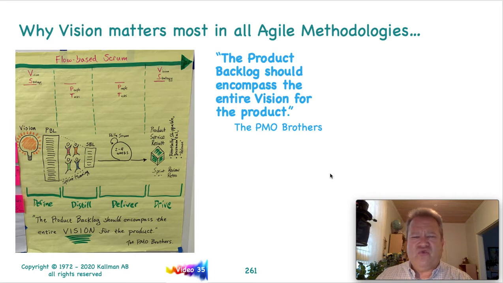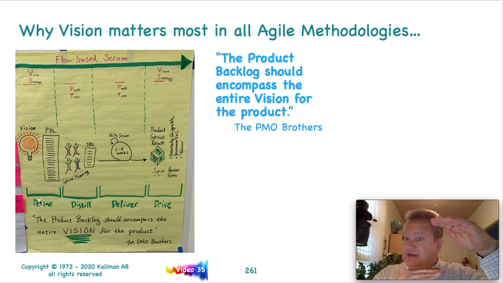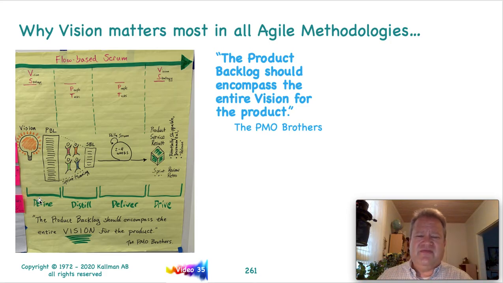Another way that I draw this is as a sandwich. You've got the VSPT up here, and you can clearly see that this is the flow-based Scrum, and underneath it becomes a sandwich. You're sandwiching the vision and strategy with actually being able to deliver what you said you were going to deliver, and that's the whole point of the 4D model.